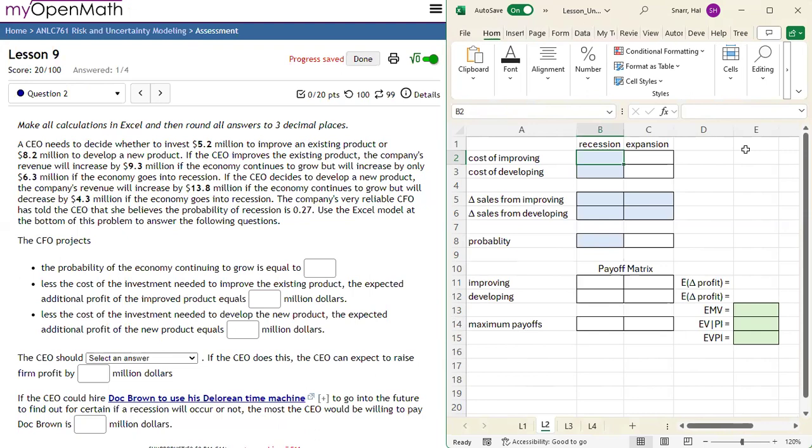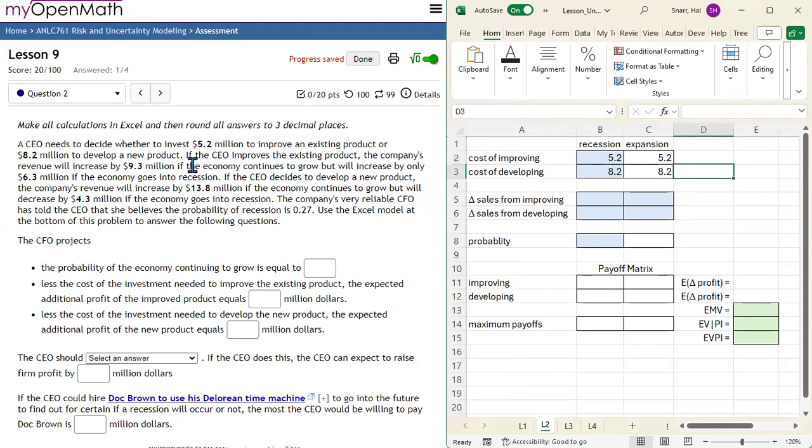So this is 5.2 million for improving an existing product, and this is 8.2 for developing a new product. And they are the same whether we're in a recession or expansion.